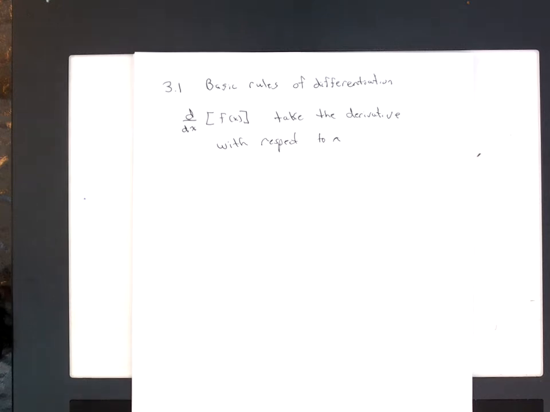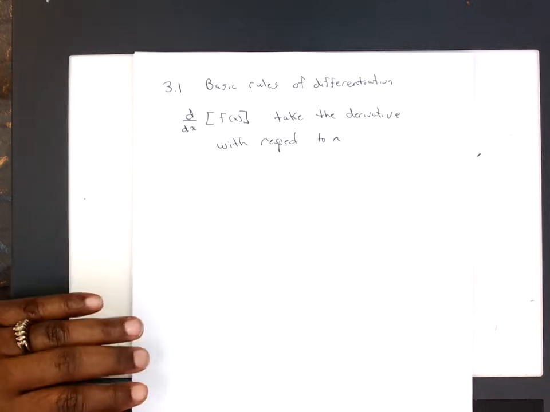As I go through these rules, you're going to see that I have d dx, and then the function is going to be in these hard brackets. I'm also following the notes that I typed up for you in class on Blackboard. The very first section says 3.1, and I'm going to be walking through that section with you. So if you want to pull that up, and if you can print it out, it might be helpful.